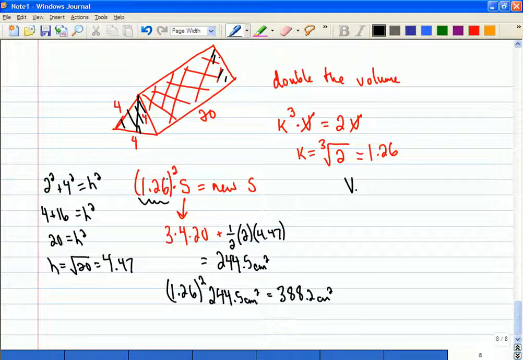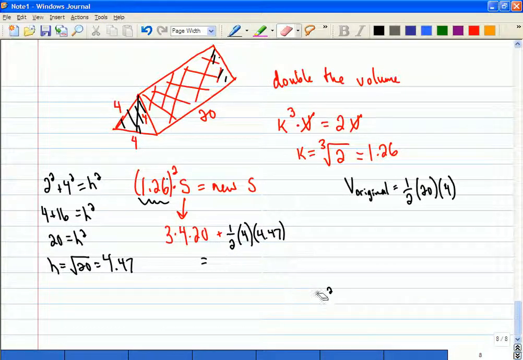So the volume for the original is going to be 1/2 the base, which is 20. Sorry, the length, which is 20. The base, which was 4. Which has just made me realize that that's supposed to be a 4 because the base is 4. Which will change this answer back here. So I'll go fix that one up again in a second.